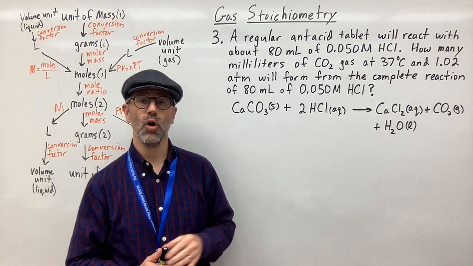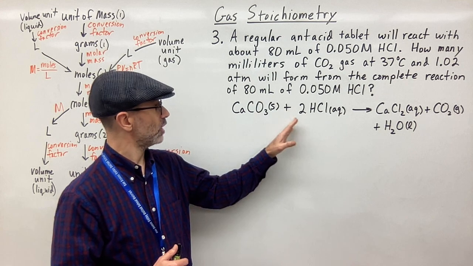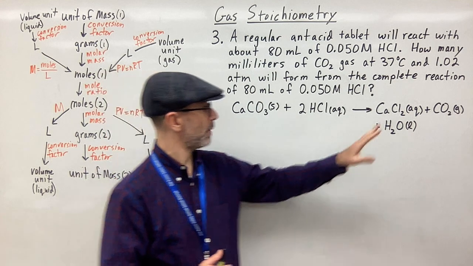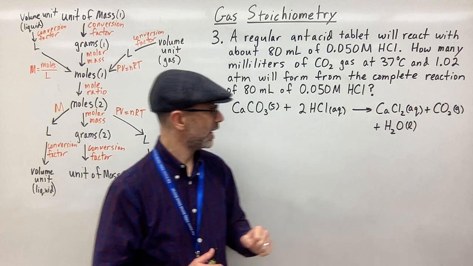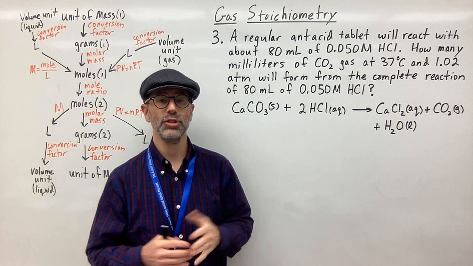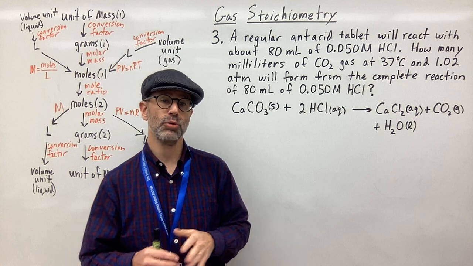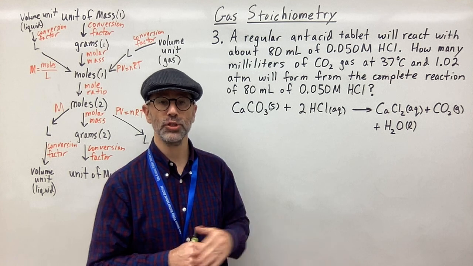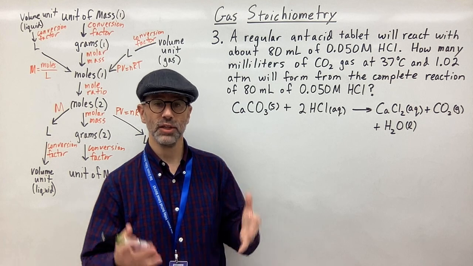So we want to go from amount of HCl to amount of carbon dioxide gas. Whenever you're going from one thing to another, you're going to have to use the mole ratio, which means we're going to have to convert to moles first. So whatever unit you're given, you're going to convert to moles.